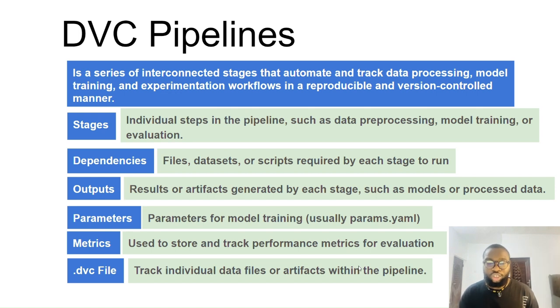Once you have done this, DVC is going to create a file for you that has all those stages inside of it, and it's going to use that to track the changes in the pipeline.